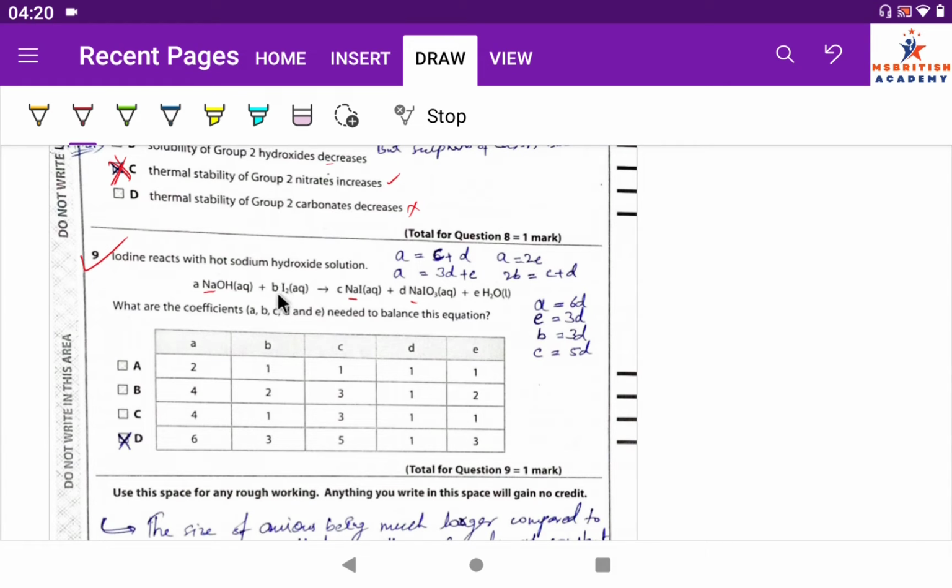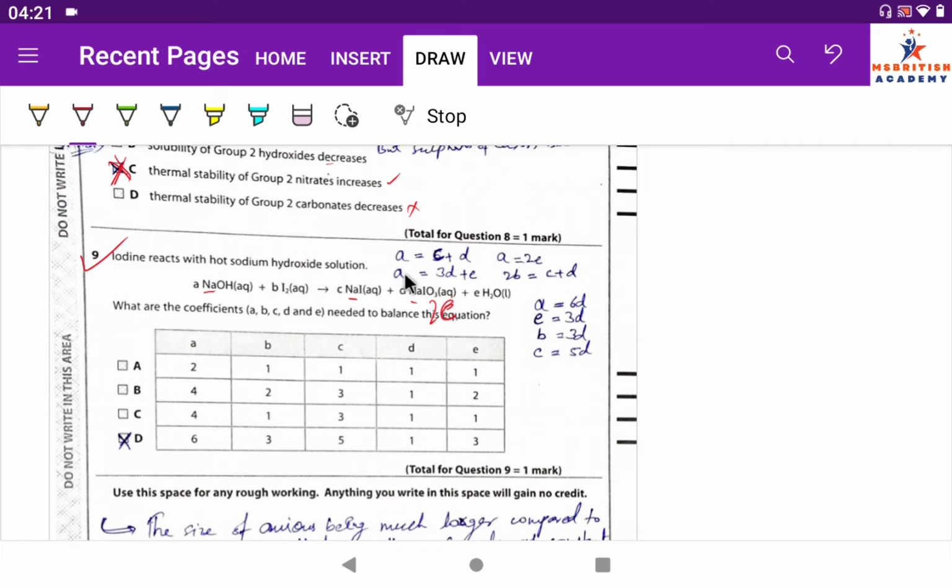Now for B, because it is only for iodine, here iodine and here iodine, so 2B is equal to C plus D. Now you can do one thing: you can write A as 2E.